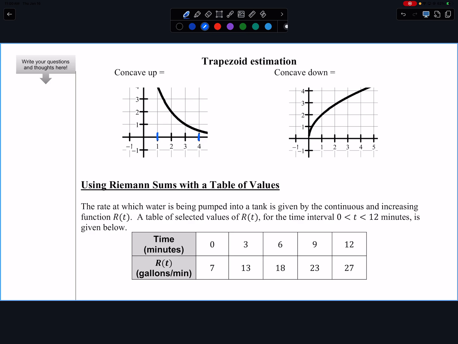From 1 to 4, if I want to do a trapezoid, that means I'd be looking at this height and then that height. Connect the dots. If you notice, I get pretty much all of the curve, but also some extra. So this would mean it's an overestimate.